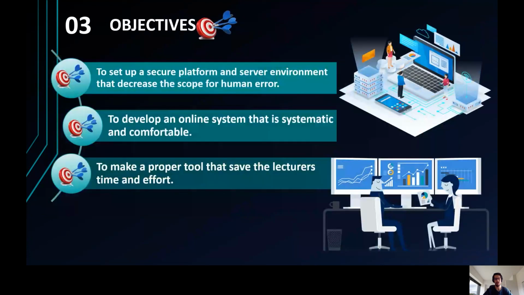So in order to solve that, we came up with a system to develop an online system that is very comfortable to use, a proper tool that saves lecturers time and effort and solves the challenges that lecturers face when dealing with the manual system.